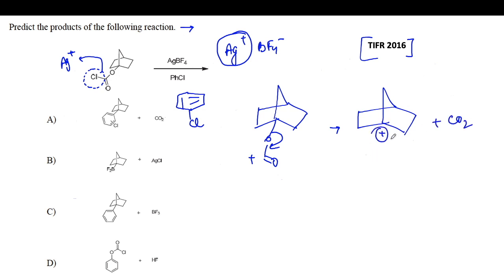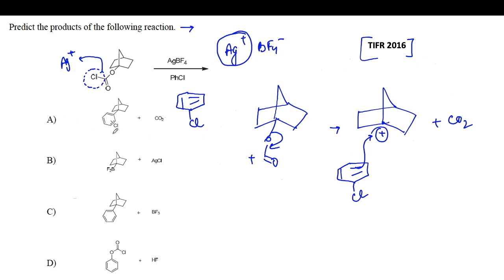Alright, so this reaction might not look like a feasible reaction because you are getting a positive charge over here on a bridgehead position. But what happens next is the solvent, which usually is not a good nucleophile. This is not a good nucleophilic solvent. But this solvent can attack on the carbocation because the carbocation is highly unstable.